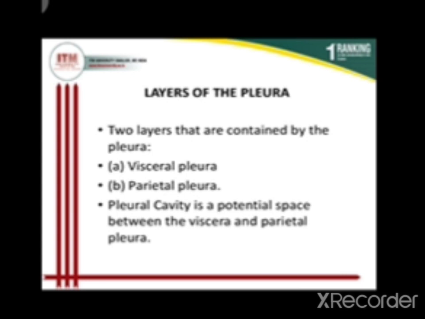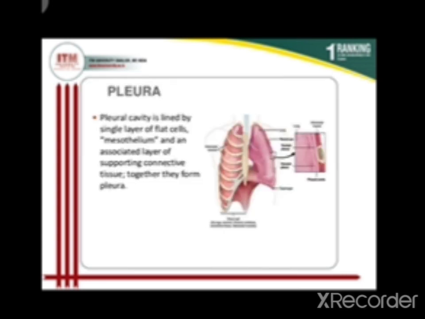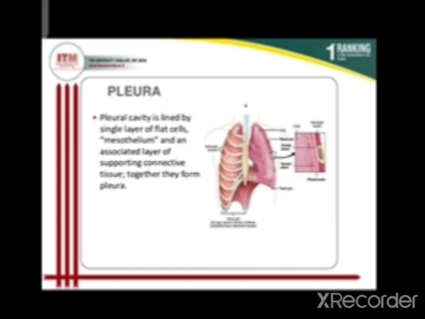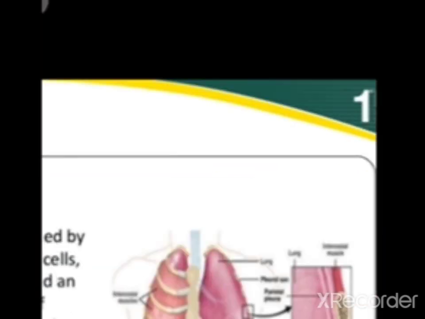As you can see here, the pleural cavity is lined by a single layer of flat cells, mesothelium, and an associated layer of supporting connective tissue. Together they form the pleura. Let me zoom out this.